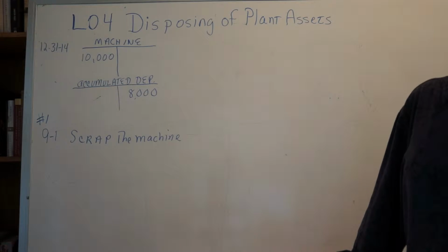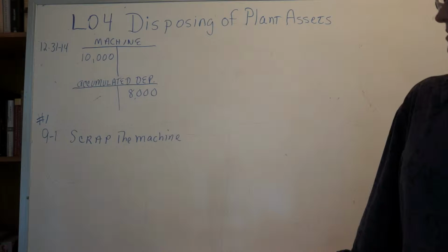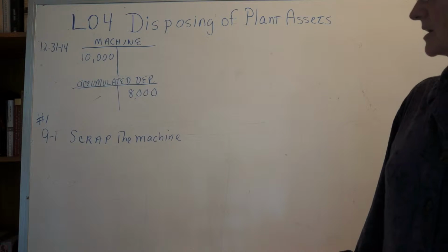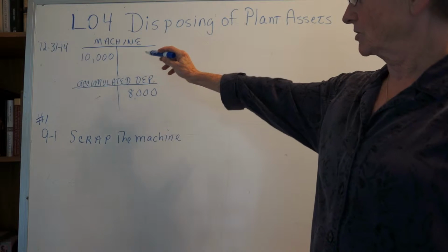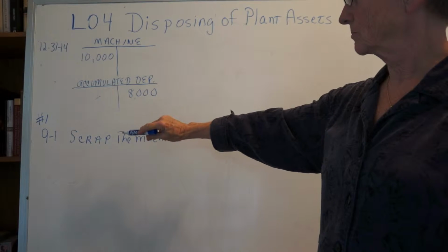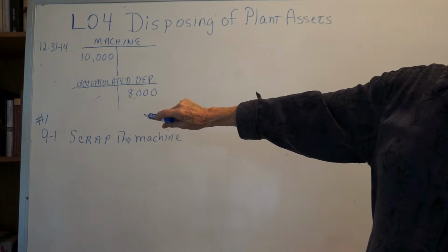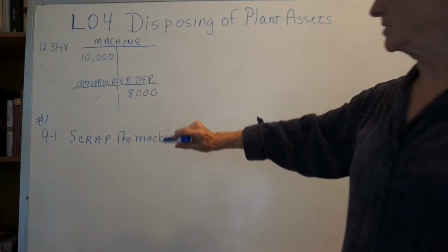So the first thing we want to do is update the depreciation expense and accumulated depreciation to the date of the sale. So we have to account for the depreciation from January 1 through September 1, which would be 8 months.